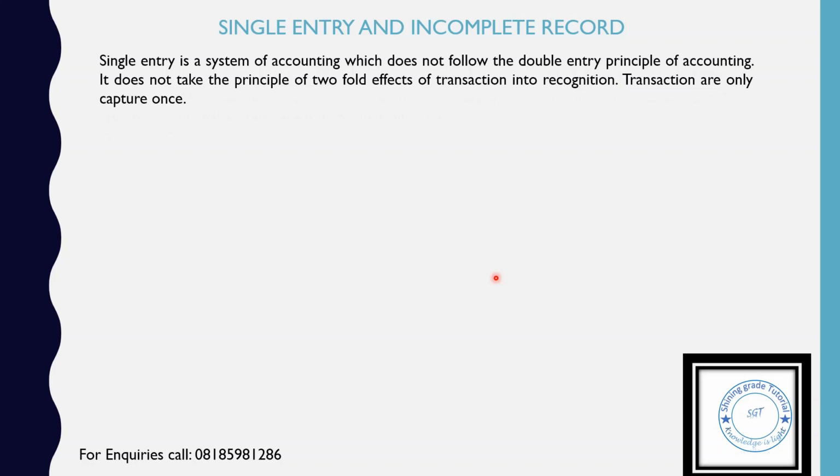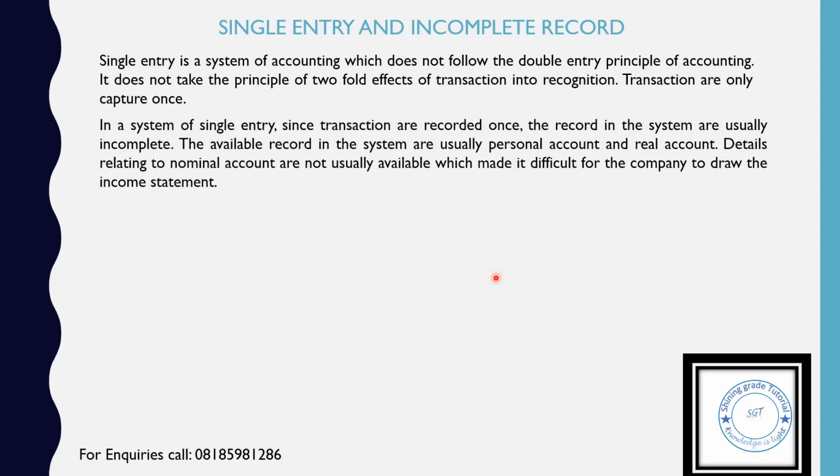So that brings the issue of incomplete records. In a single entry system, the records available are few, they are not complete ones. So we should know that we can't have a complete record in the system.